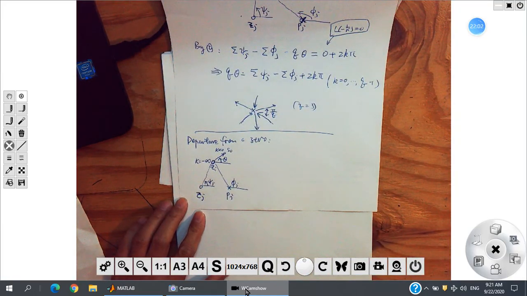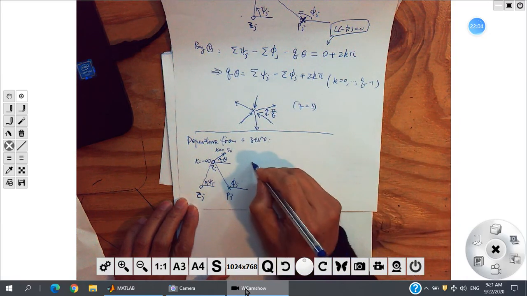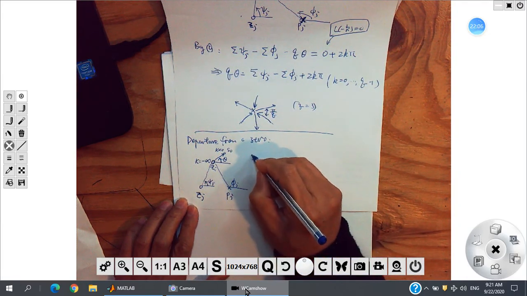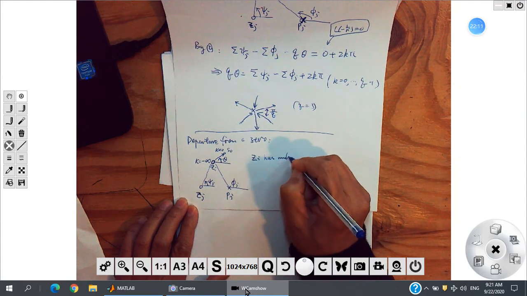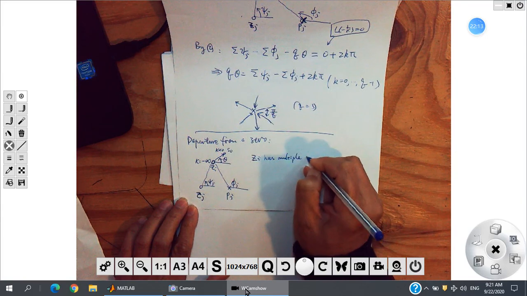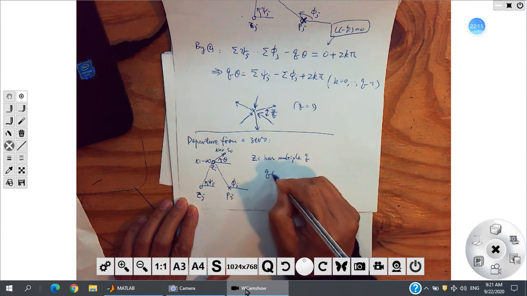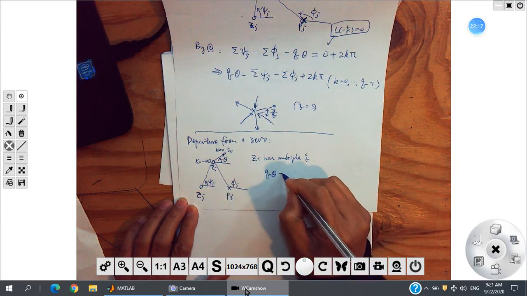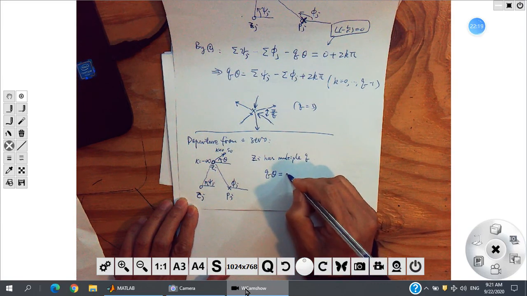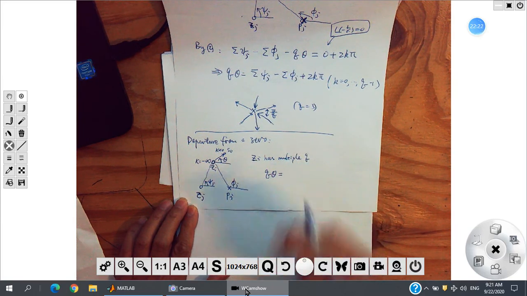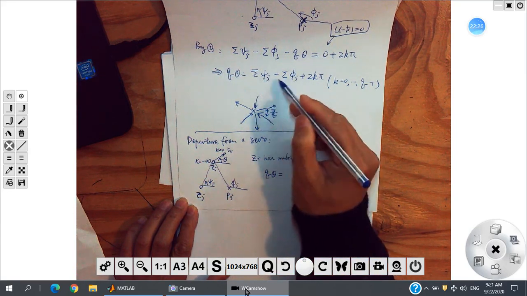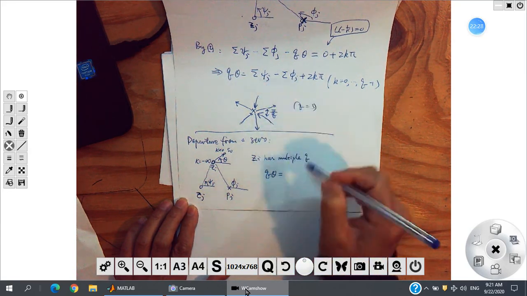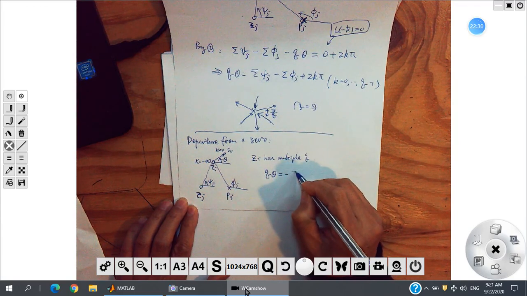Okay. All right. Then we can have a formula. I will write this formula similarly. So we have Zi. Suppose Zi has multiplicity Q. Then Q times this theta will be equal to negative ver phi j and minus plus phi j. Yeah, similar with this, just change the direction of these two.